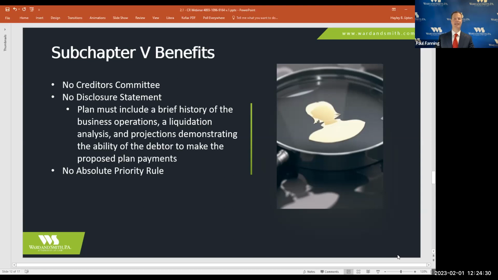Well, it means that the debtor's delay is not going to be enough to get them an extension of that deadline. If it's something under the control of the debtor, then they better file that plan in 90 days or they risk dismissal of the case. If it's not their fault and it's something for which the debtor cannot justly be held accountable, then the court can extend that deadline.